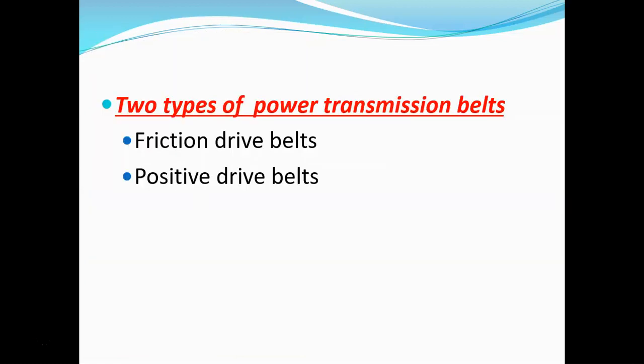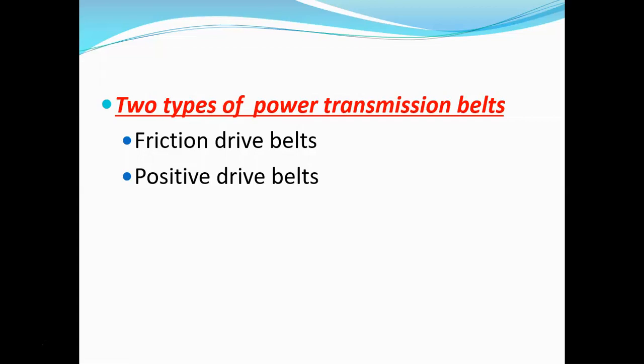So there's two types of power transmission belts. They're friction drive belts and positive drive belts. We'll talk more in depth about each type, but in general, the friction drive belts are going to be your flat belts that maintain a really tight connection between the sheave and the belt, and another friction drive belt that we'll talk more in depth about in this video is the V-belt.